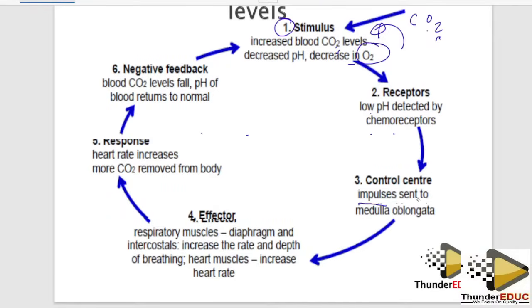So the impulse is sent to the medulla oblongata. Why not cerebrum? Why does it go to the medulla oblongata? It goes to the medulla oblongata because the medulla oblongata controls all involuntary actions, not reflex actions.